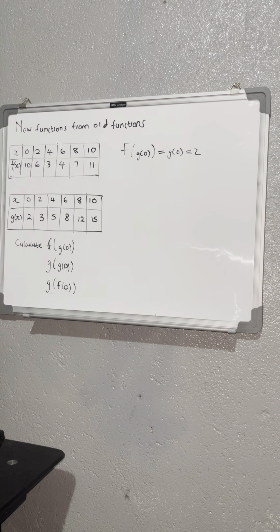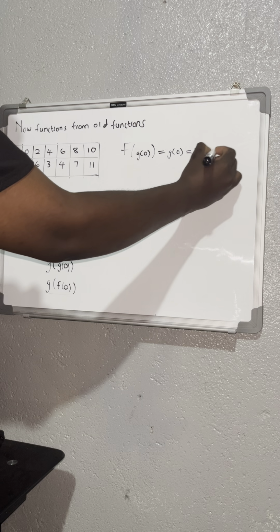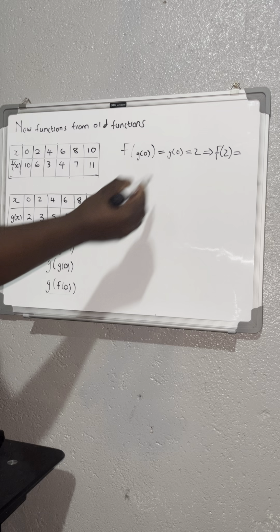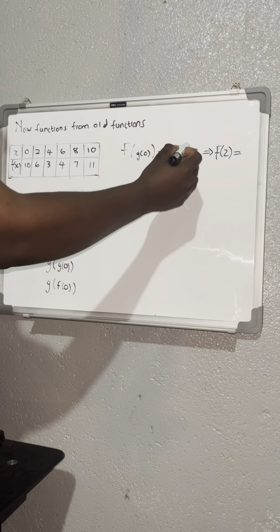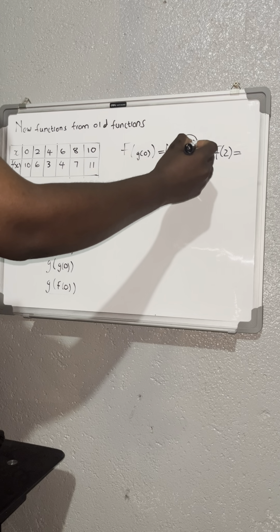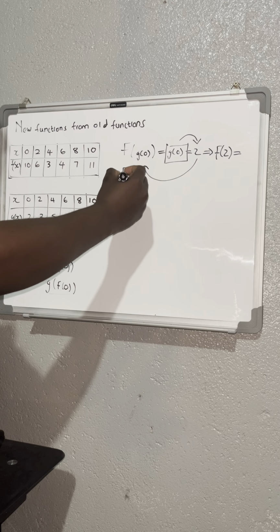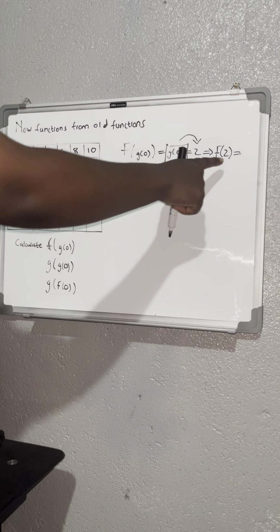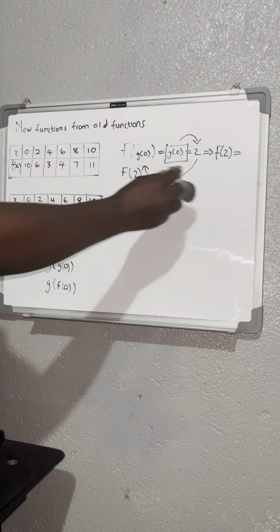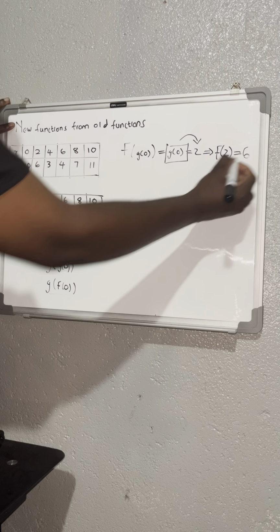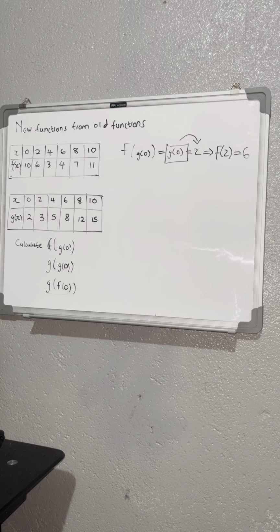Then this implies that your f of 2 would be equal to, remember, you've worked the internal part, then it gave you your 2. Now you're taking this 2 and putting it on this side, so you're having f of 2. As simple as that. Now you go and check from this one, what is your f of 2? F of 2 gives you your 6. That's how you get the first one.